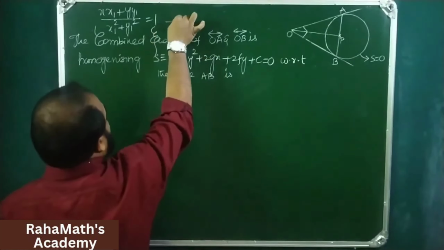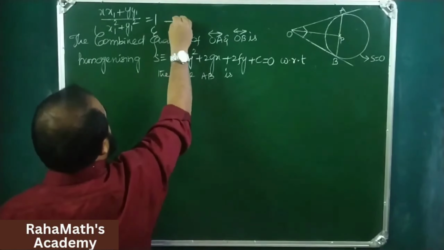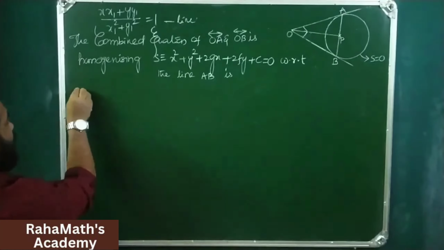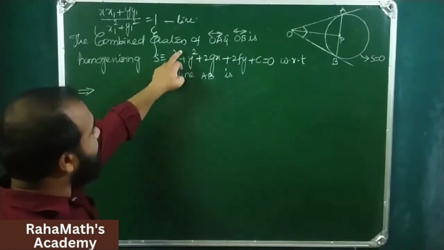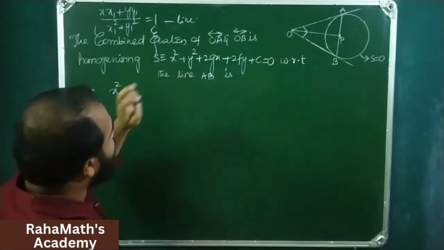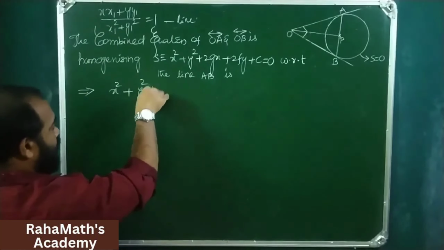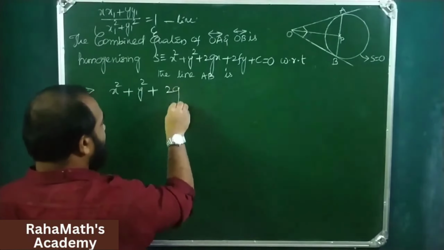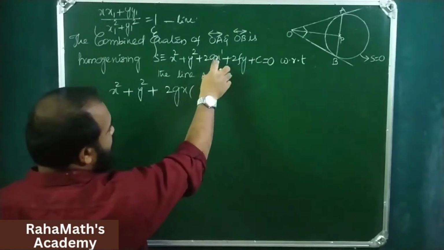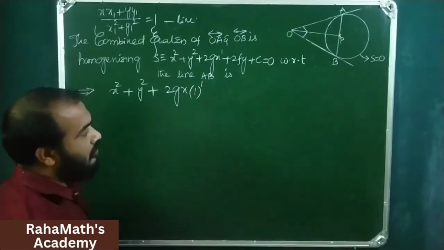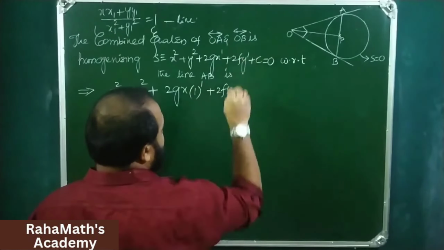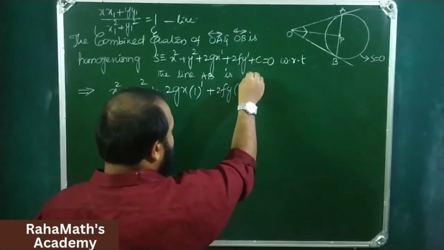so this is the line. x has a power 2, therefore we are not going to do anything for this, so x square plus y square plus 2gx, and x's power is 1, so its power is to be raised to 1, plus 2fy, its power is 1 again, so its power is to be raised to 1.